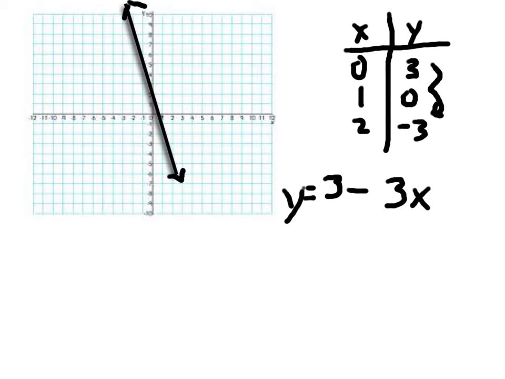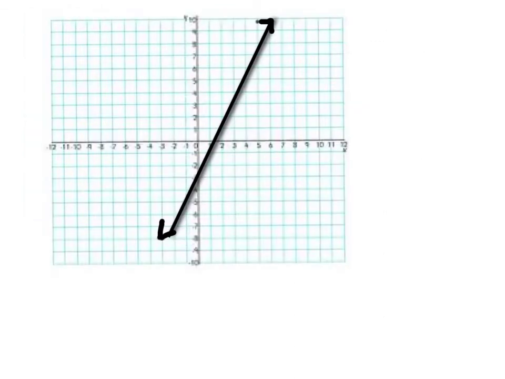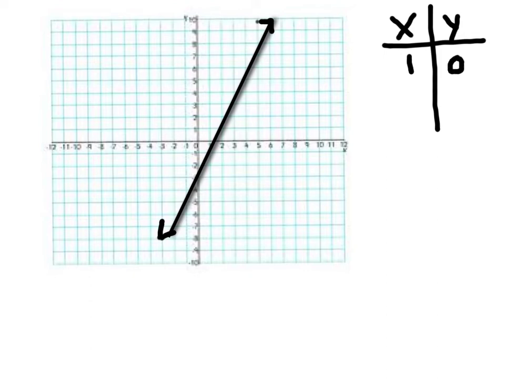for this graph and for this line. Here I have another line. I'll make that function table. When x is 1, y is 0. When x is 2, y is 2. And when x is 3, y is 4. Now you'll notice here that I did choose values of x where x went from 1 to 2 to 3.